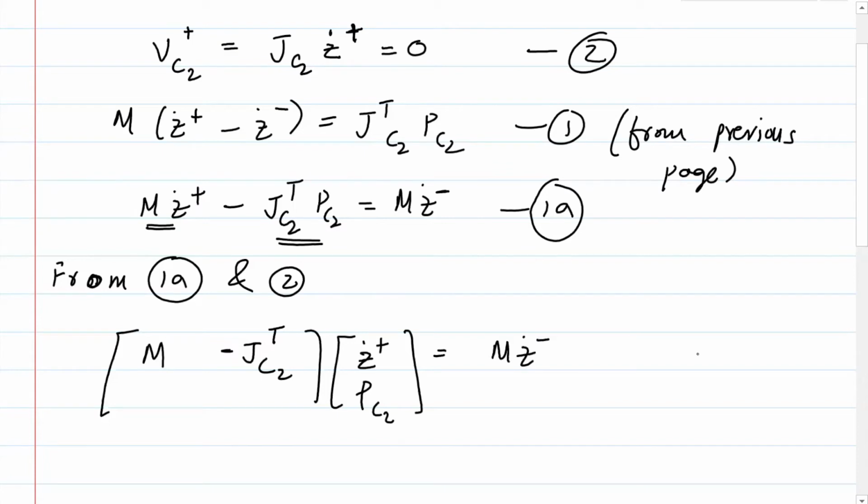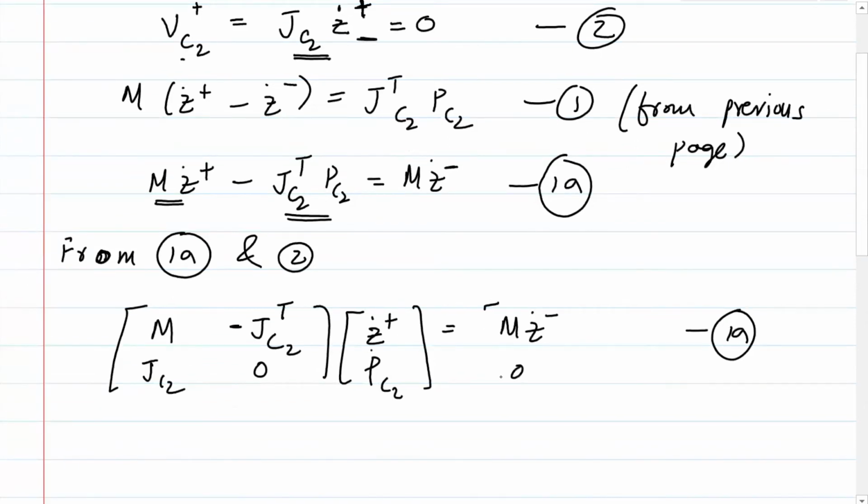So this takes care of equation 1a. And equation 2 is basically jc2 z dot equals 0. So that's going to be jc2, which multiplies z dot positive, and then 0 for pc2 because there's no term here involving pc2. And then I'll need to put a 0 here. So this is my equation for the foot strike.